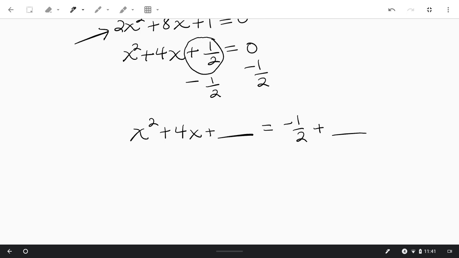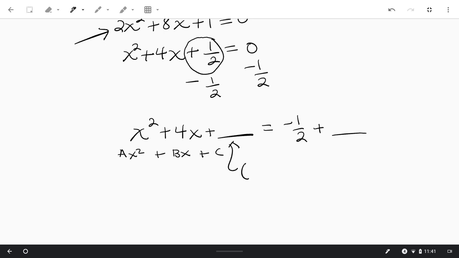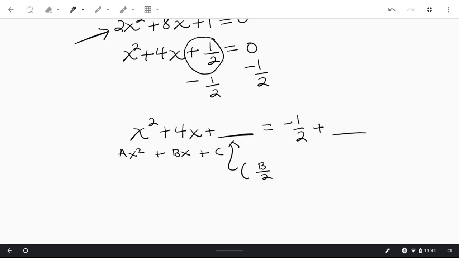So this over here, for those of you guys who may have forgotten, to figure this out, you take half of b, okay? So again, this is ax squared plus bx plus c, right? All right, so we're going to take half of b, and then we're going to take that and we're going to square it.